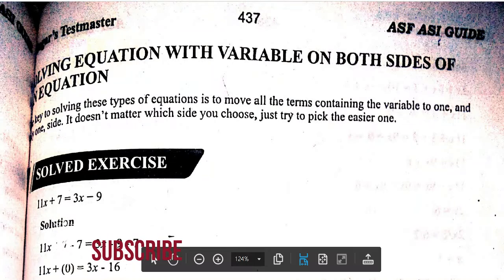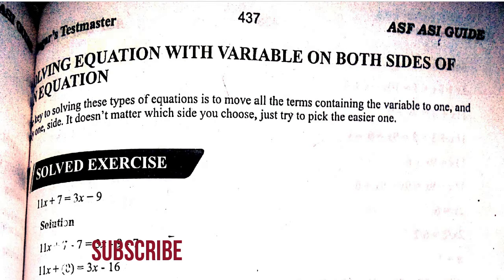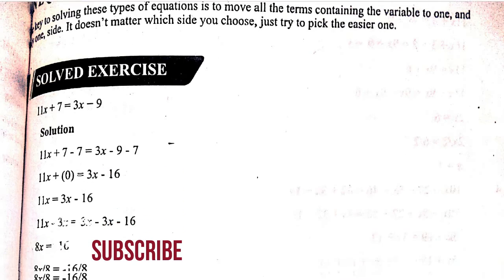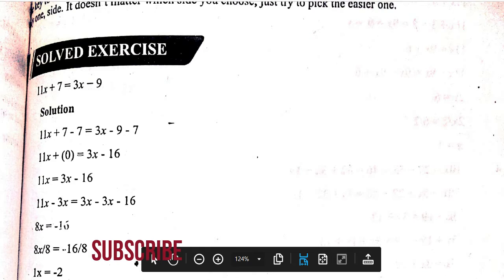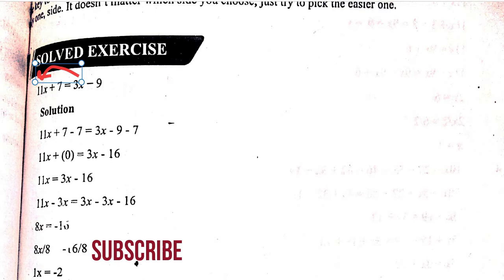Solving equations with variable on both sides. In our previous section we had solved equations having the variable on a single side. These are equations having variable on both sides, so we will take this 3x on the left side, so this will be equal to 11x minus 3x, so this will be equal to 8x.